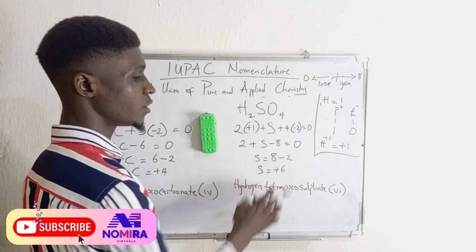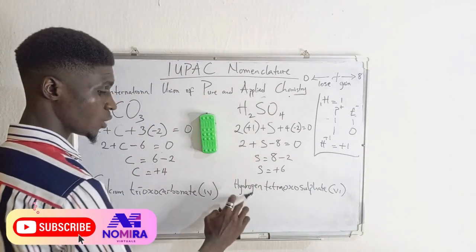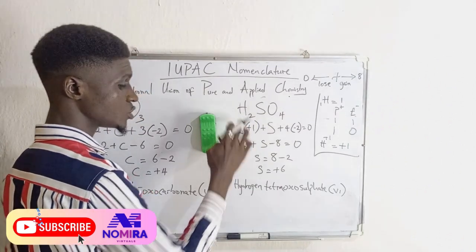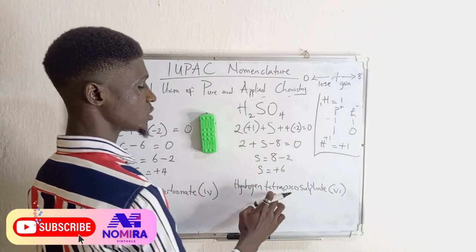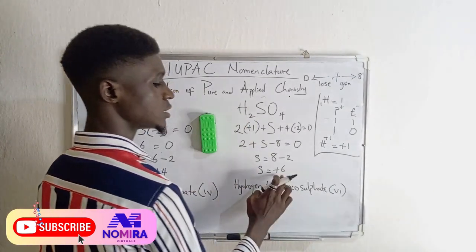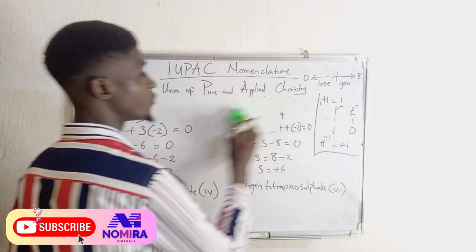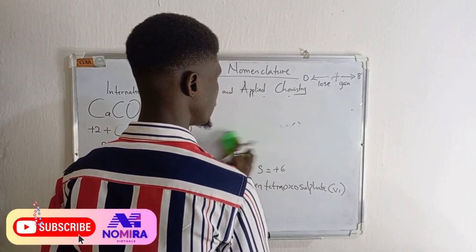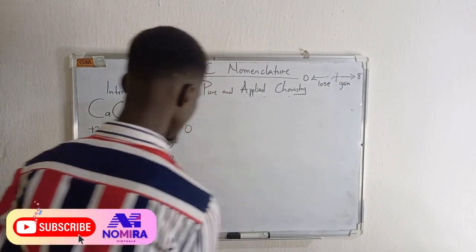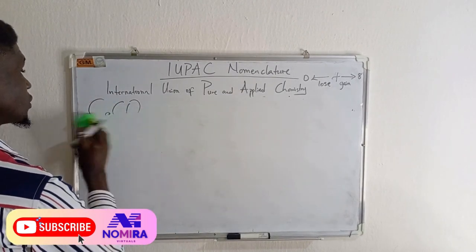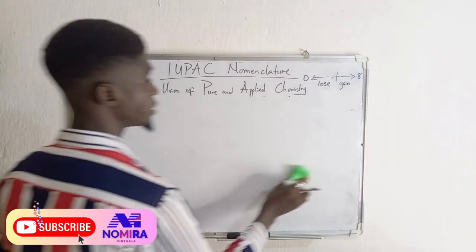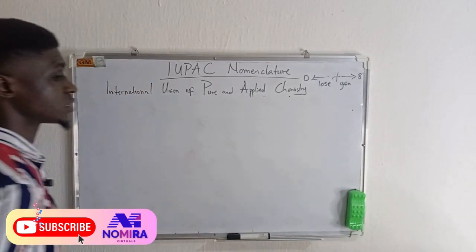But if you want to call it the other way, by mentioning hydrogen, you will call it hydrogen tetraoxosulfate 6 without putting acid. So we will solve a few more questions. I believe we have done justice to this. We will solve a few more questions so that you will understand this topic better.